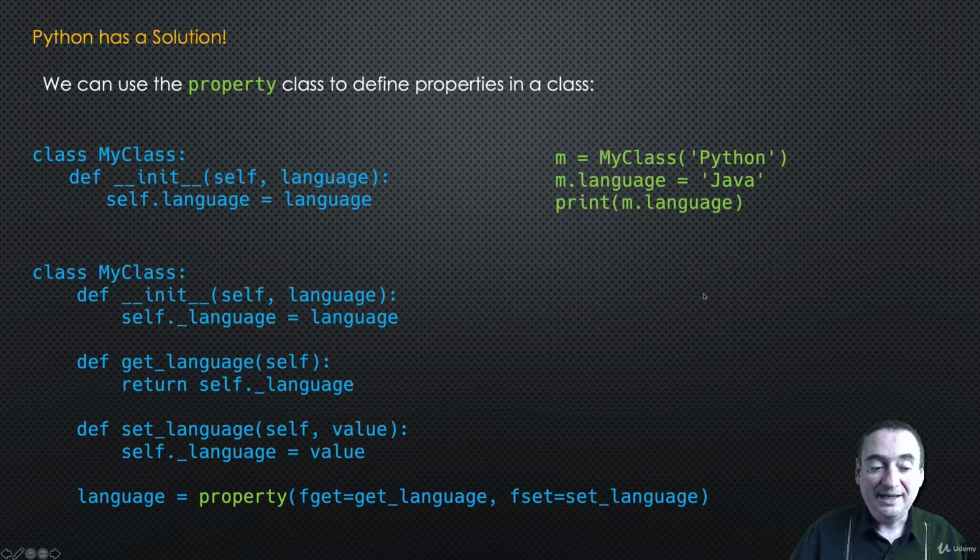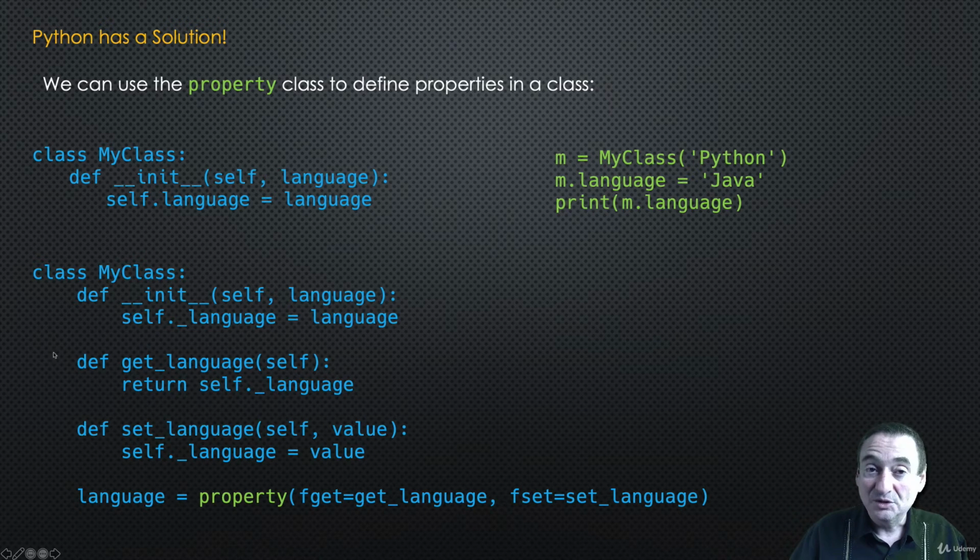Now, I want to go back and I want to say, no, I want to use methods to get and set this particular language attribute. So we can go ahead and create a particular type of object, which is a property object. So property is a class, and we can create an instance of this class, and it has some arguments that we can set. And in particular, it has the fget and fset arguments for the function getter and function setter. And we specify functions over here, getLanguage and setLanguage.